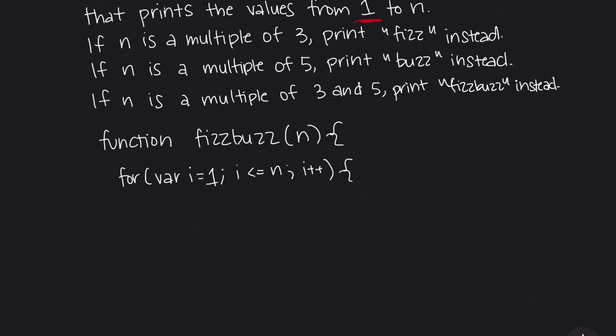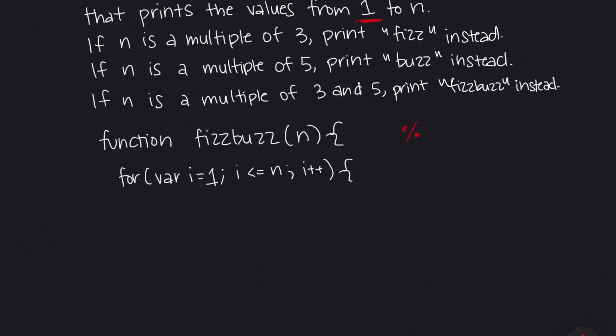All right, as we go through the for loop, we need to check if i is a multiple of 3, 5, or 3 and 5. To check if a number is a multiple of something, we use the modulus operator. This just does division on two numbers and then returns the remainder.